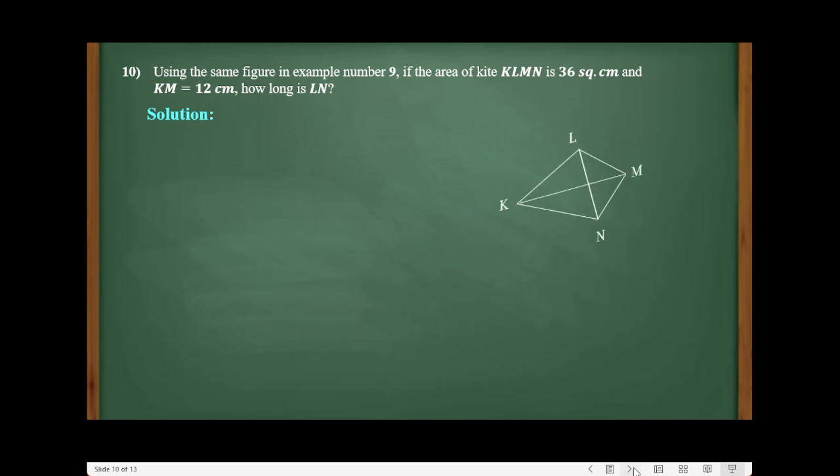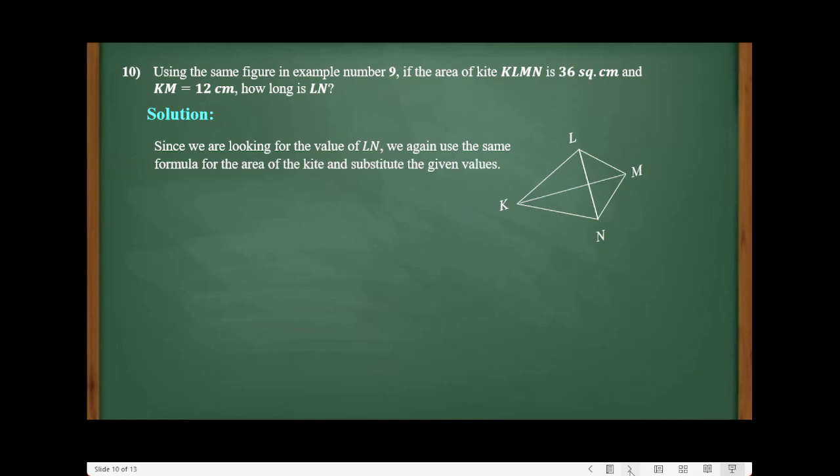Okay, we again refer to the same figure and let us use the same formula, but this time we need to compute for the length of one of the two diagonals. Since the area is already given as 36 square centimeters, using the formula, we plug in those given values.